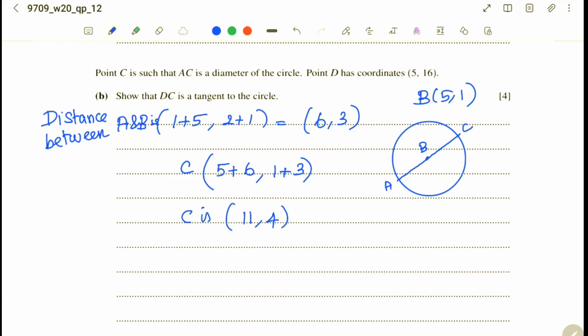The point D has the coordinate (5, 16). Now we have to show DC is a tangent to the circle.